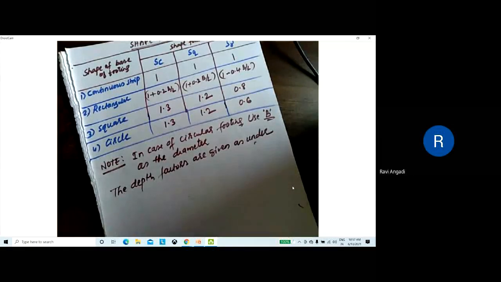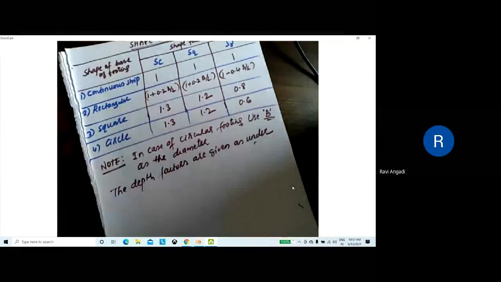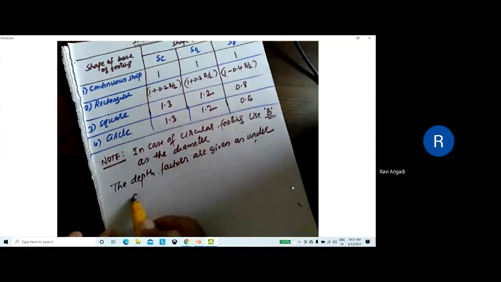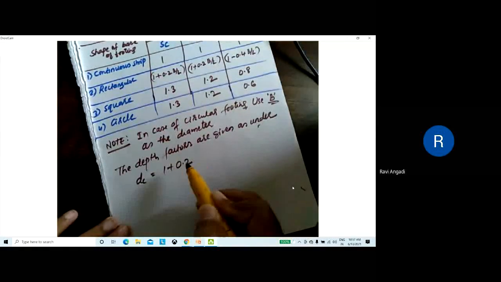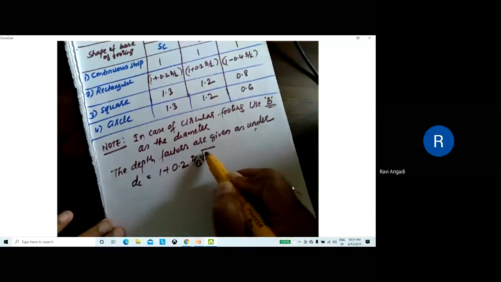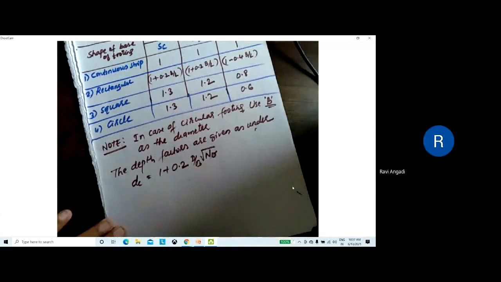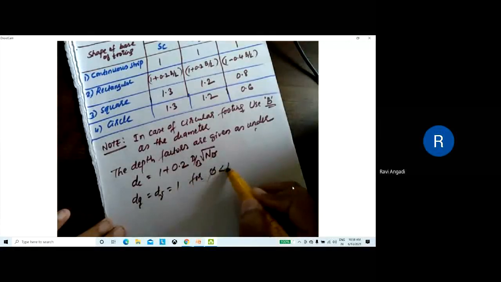So these factors, how to take these factors? DC is 1 plus 0.2 D by B square root of N phi. Then DQ equal to D gamma equal to 1 when phi value is less than 10 degrees.